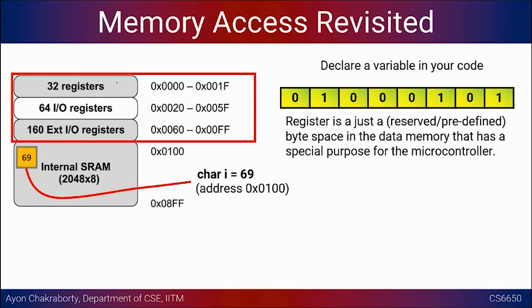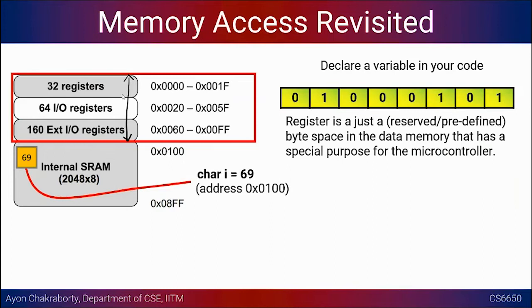So the initial part of the SRAM before my program memory starts, they have this 256 bytes of memory, that chunk that is actually dedicated for registers. They might have some special purpose for input outputs, and there are 32 general purpose registers which can be used for computation, right?